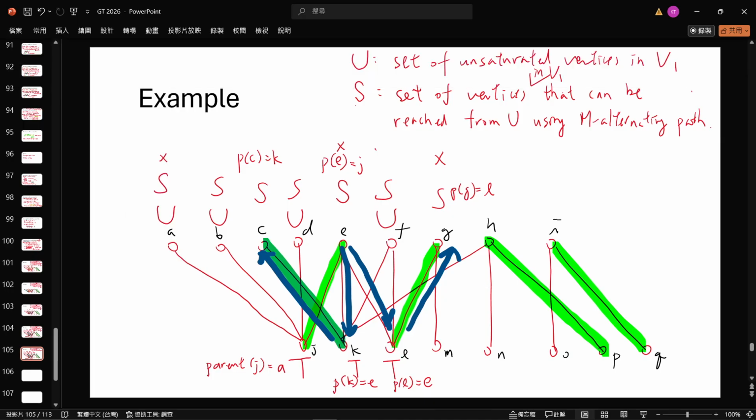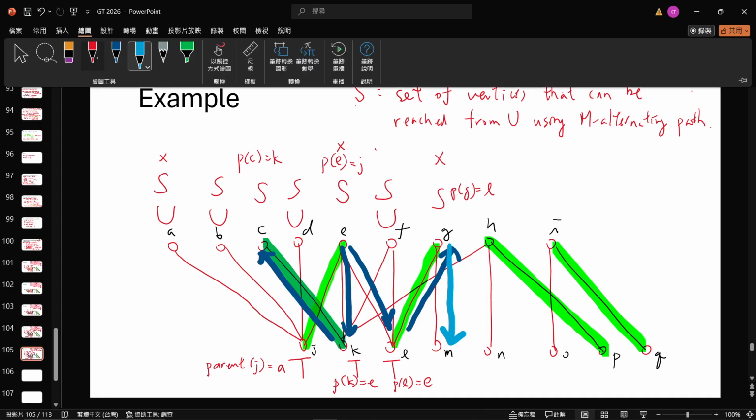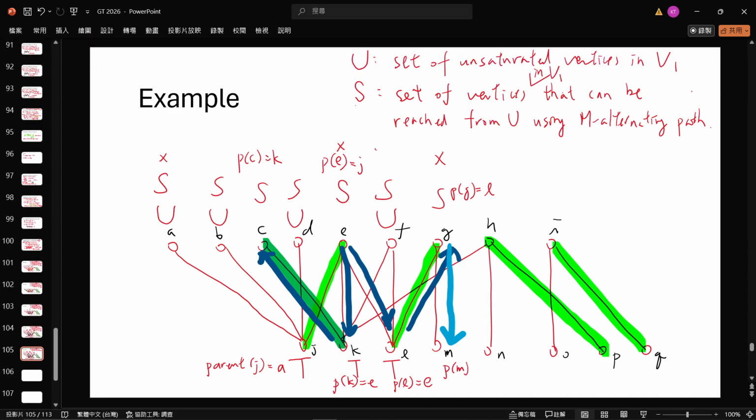All right. So in each round, we always first go down. In this case, we reach this vertex M. So the parent of M is G. Now, whenever I reach some vertex in V2, I have to check whether it is saturated or not. In this case, it is not saturated. This means we found an augmenting path. To reconstruct the augmenting path, I can use this parent attribute to backtrack.